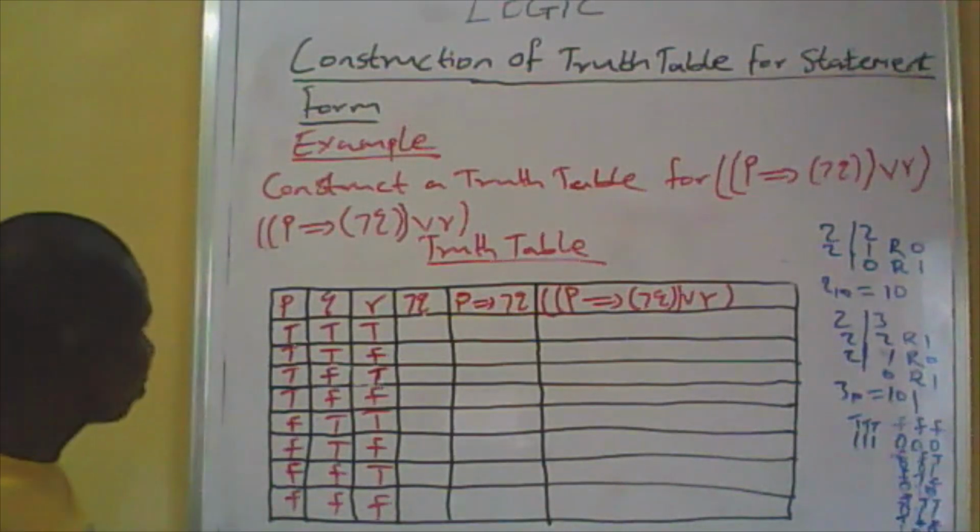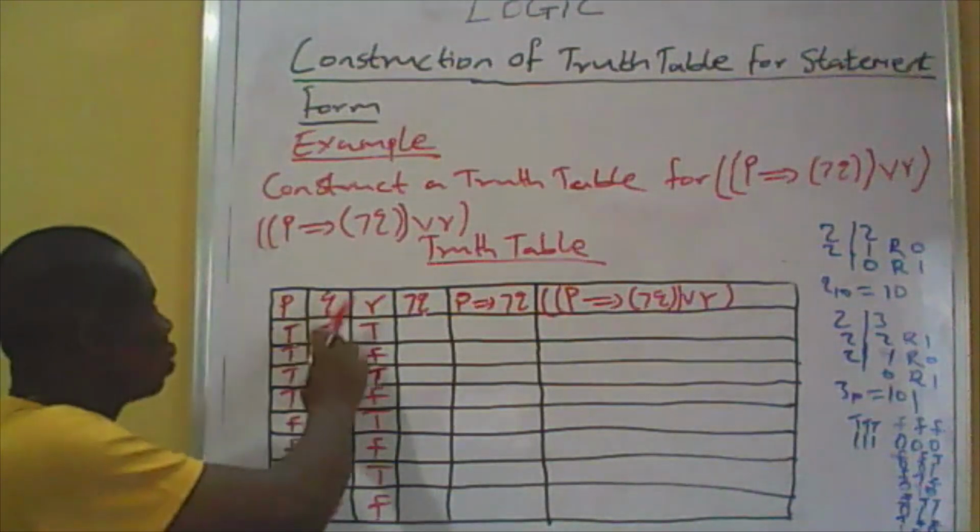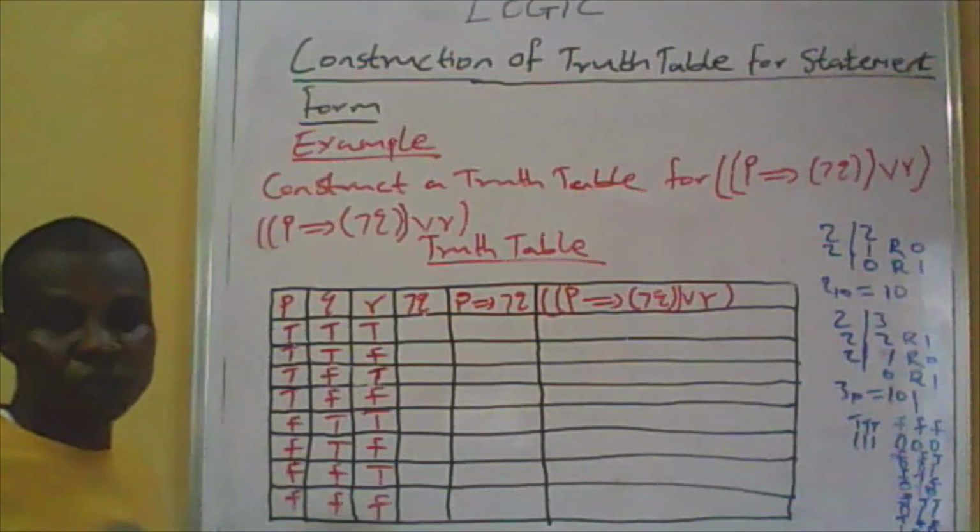So that is that. Now we know that whenever Q is true, not Q is false.